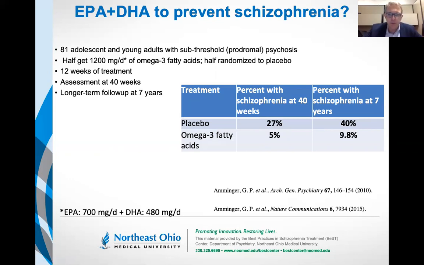And Amminger from Vienna and his colleagues followed up these individuals at 7-year time frame, and they found out that the placebo-treated group had progressed to about 40% conversion versus only 10% in the group that had omega-3 fatty acid treatment. And remarkably, this was for a limited time treatment.